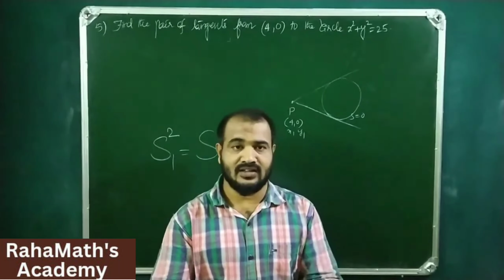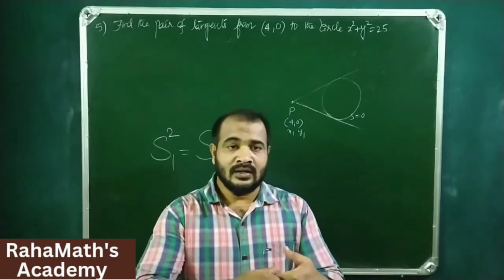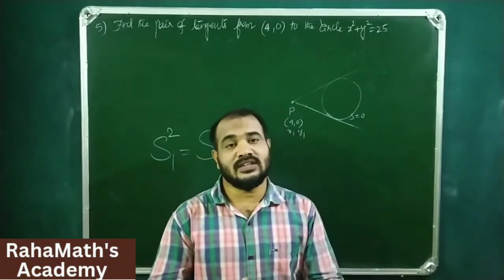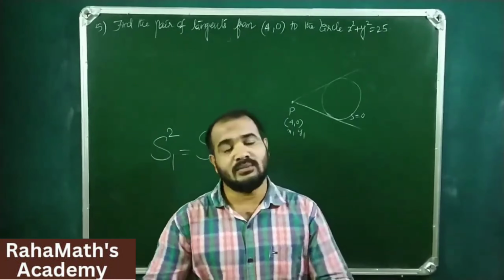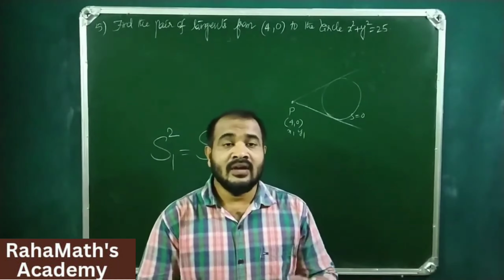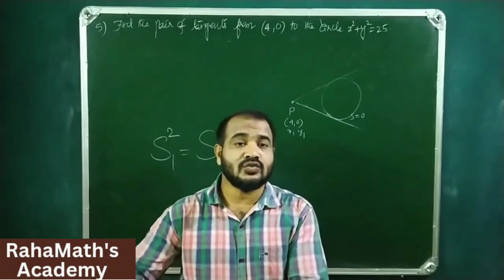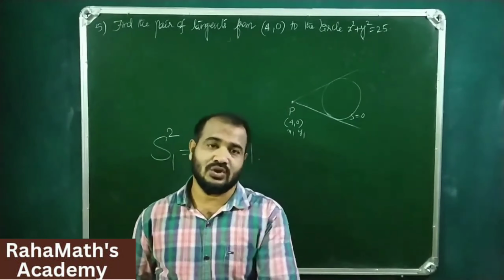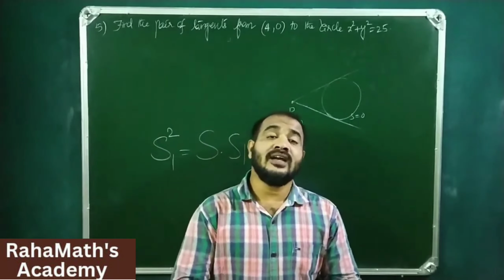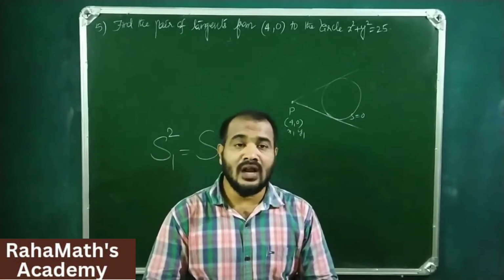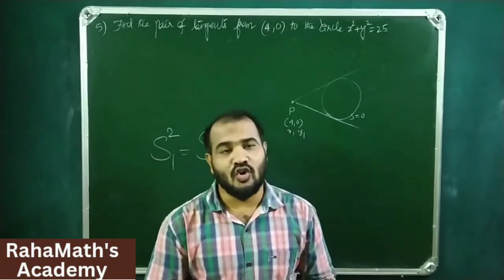While deriving the theorem, the separate line equations L1x plus M1y equals 0, L2x plus M2y equals 0 are what we take. And ax square plus 2hxy plus by square plus 2gx plus 2fy plus c equals 0 is the second degree non-homogeneous equation, the combined equation of lines not passing through the origin.